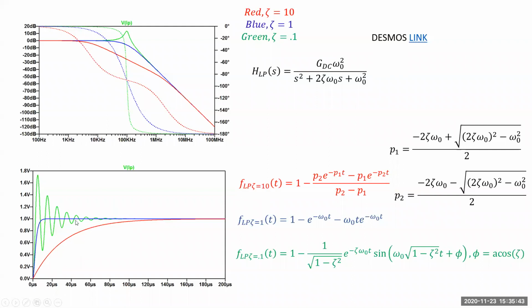Then this is our critically damped case. Now, if zeta were 0.707, this point would be minus 3 dB down, and there would be a little bit of overshoot. This happens on exams: people think no peak means it's not underdamped.